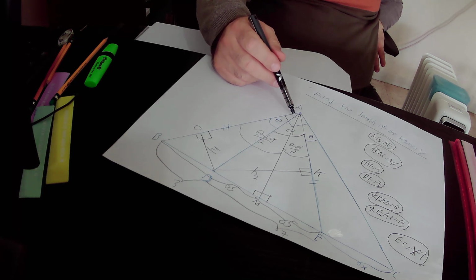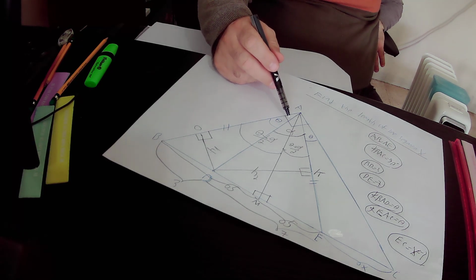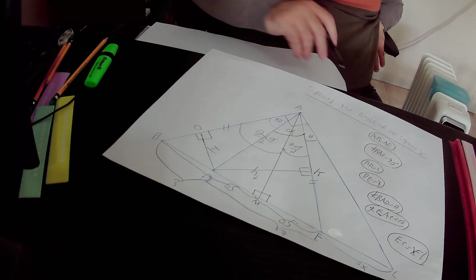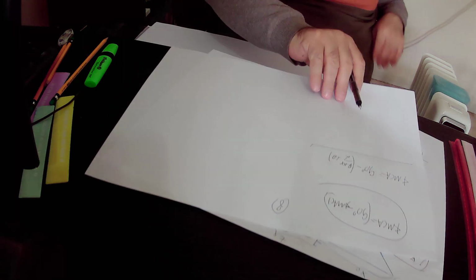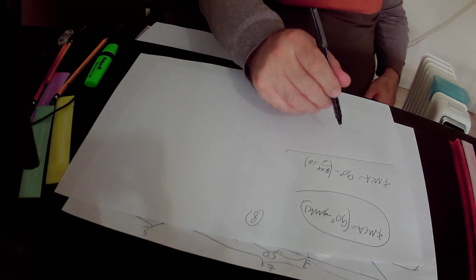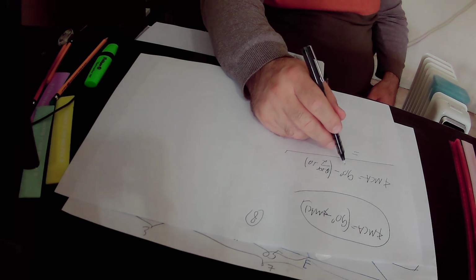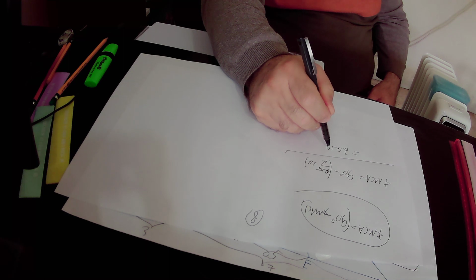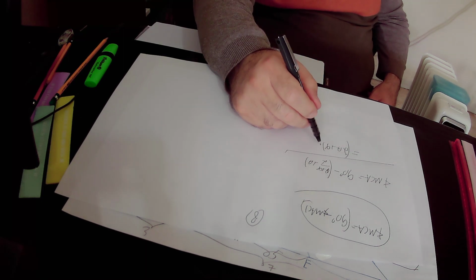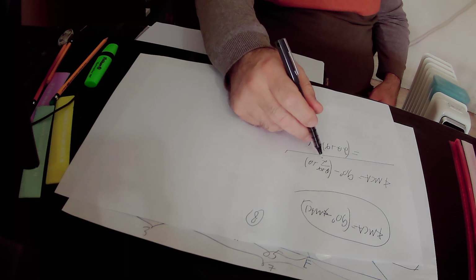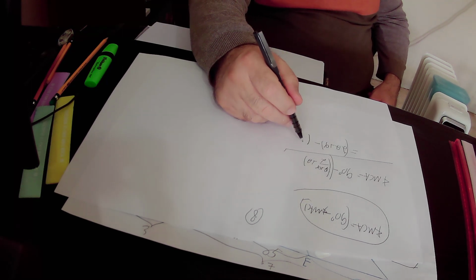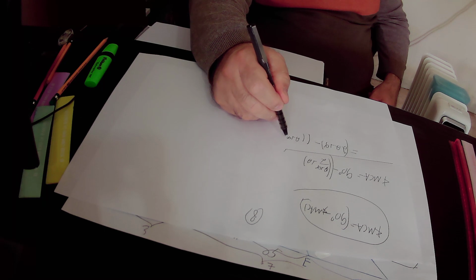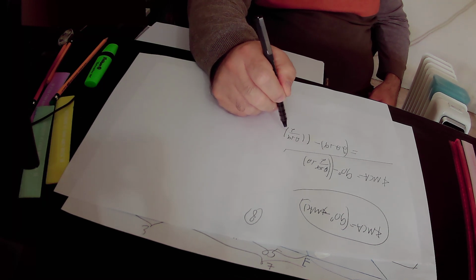So we can substitute 90 degrees by 2 theta plus alpha, because 90 degrees equals 2 theta plus alpha according to this drawing. So we substitute 90 degrees by 2 theta plus alpha, and we have to subtract from it theta plus alpha over 2 plus theta.